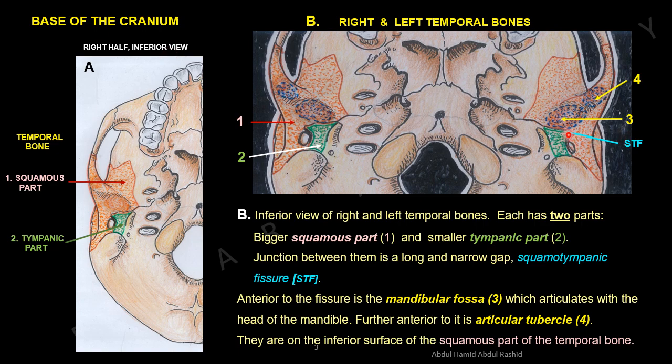Anterior to the fissure is the fossa, called the mandibular fossa, number 3, and anterior to it is the tubercle called the articular tubercle. Both the mandibular fossa and articular tubercle are on the inferior surface of the squamous part of the temporal bone.